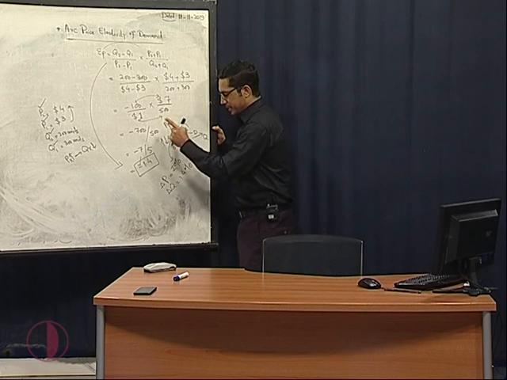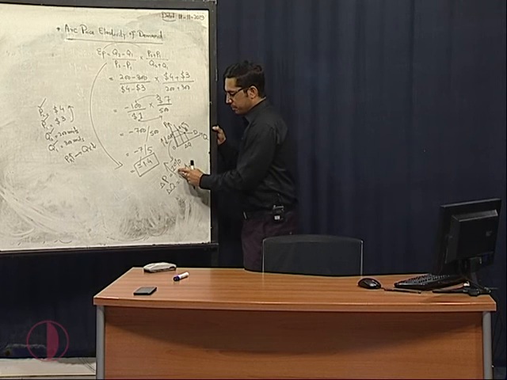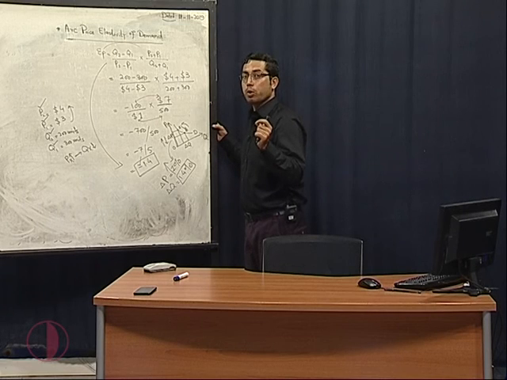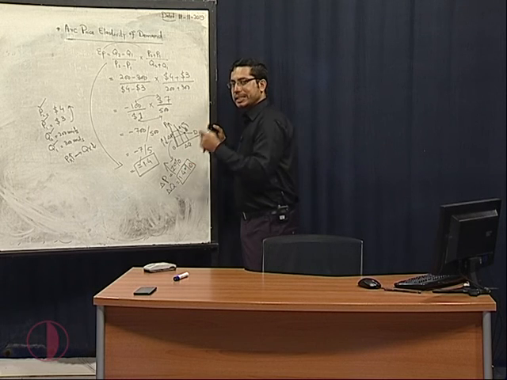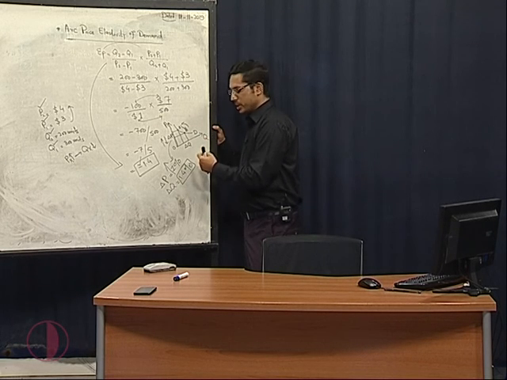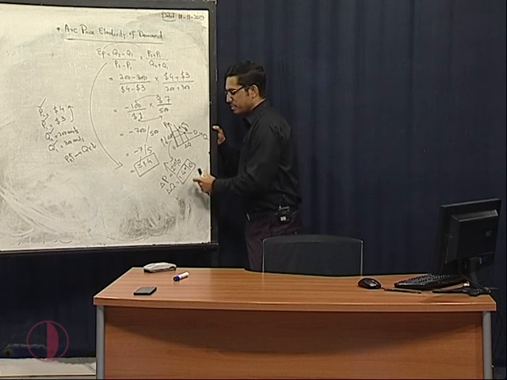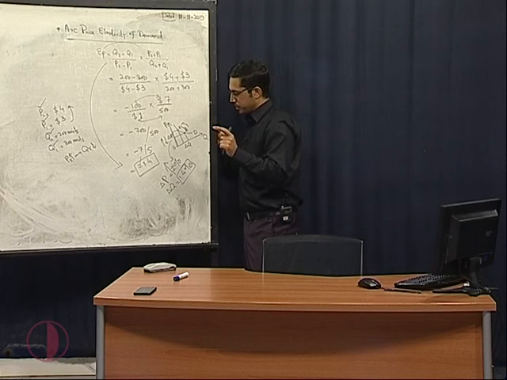Suppose the price of a commodity increases by 1%, its quantity demanded will decrease by 1.4%. If the price of a commodity decreases by 1%, on average the quantity demanded will increase by 1.4% because of the negative relationship.